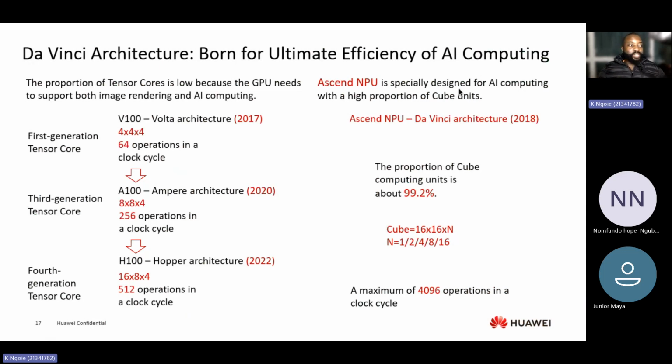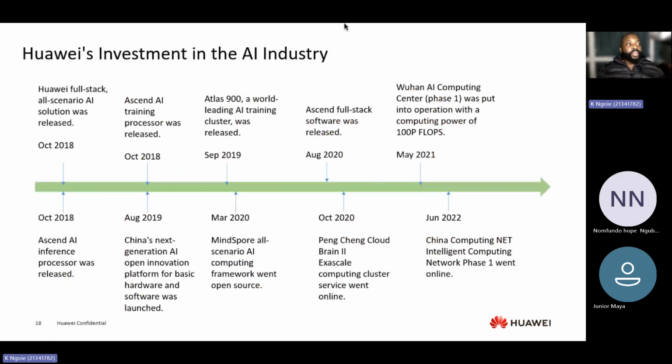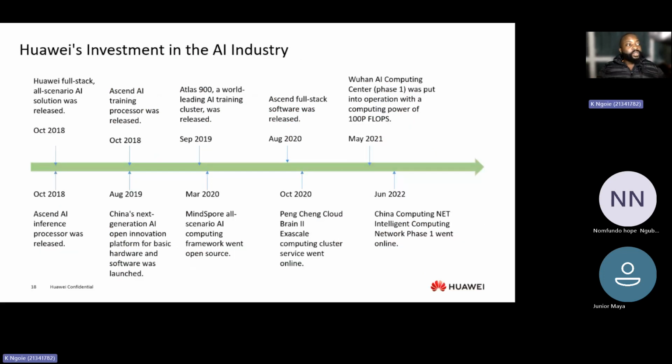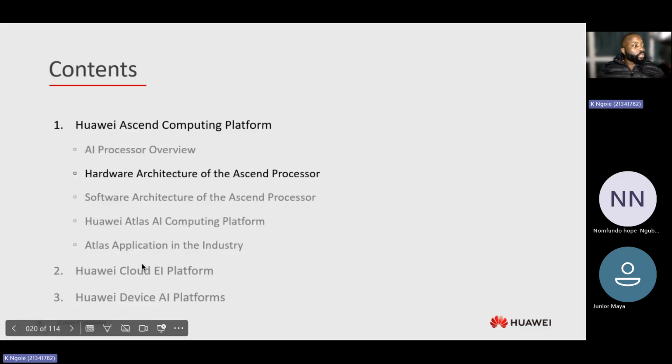We have, for example, the Ascend 310 and the Ascend 910. The 310 is used for inference, basically when we are using our model. And then the 910 is used in the training process.